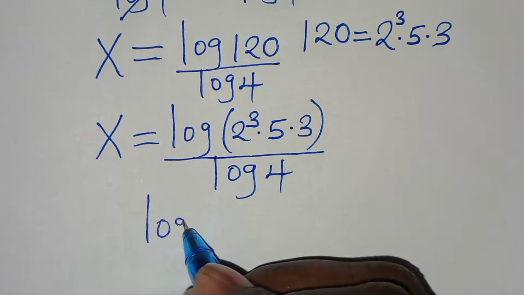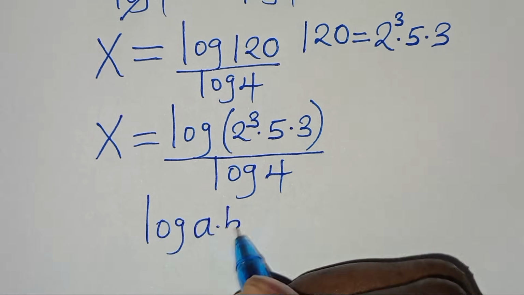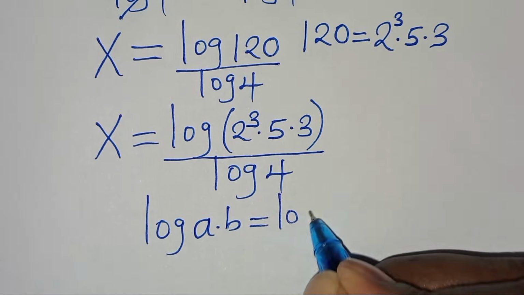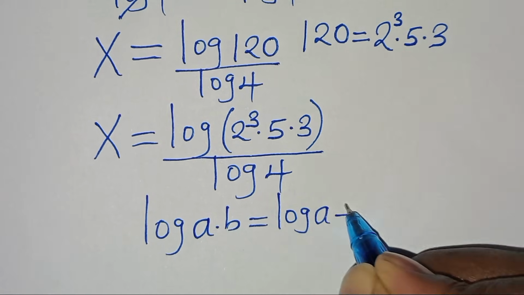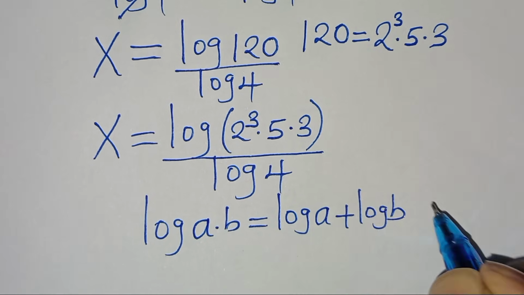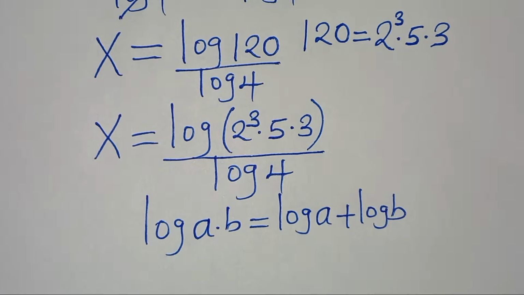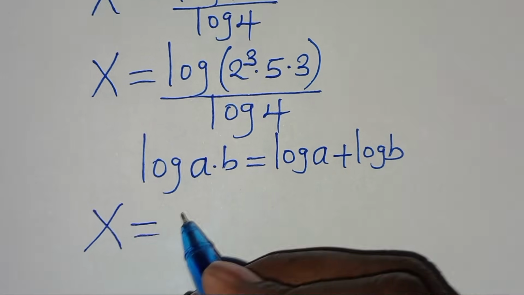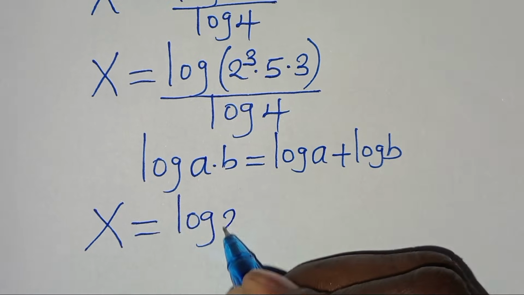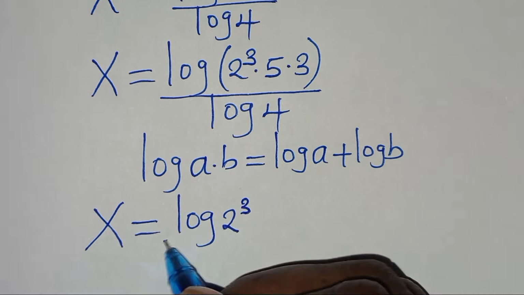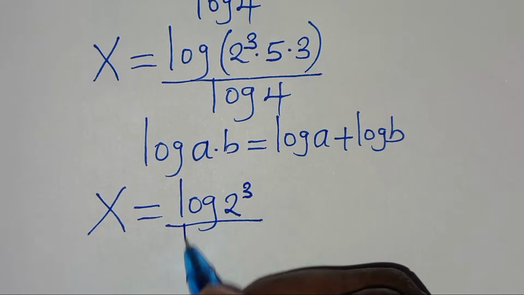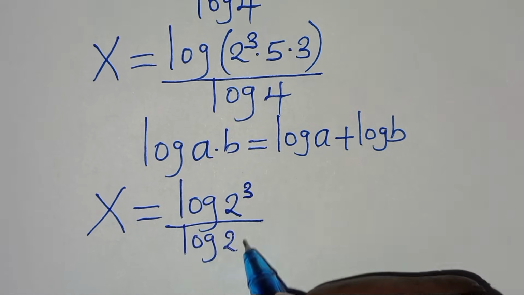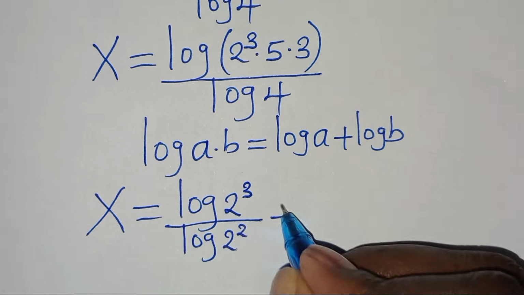This is in the form of log a times b, which we can express as log a plus log b. Applying this logarithm property, we have x equal to log 2 to the power of 3 divided by log 4, which is log 2 to the power of 2, then plus log 5.